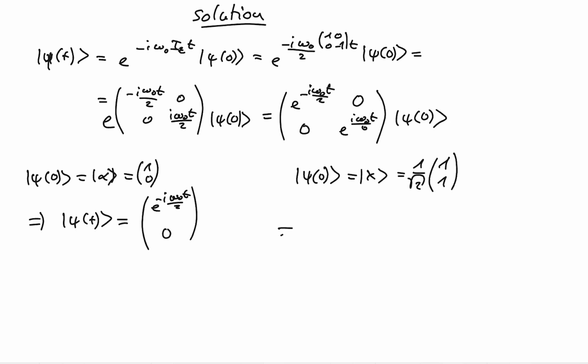Then we see that psi of t gets 1 over square root of 2 times e to the minus i omega 0 t half and e to the i omega 0 t half.